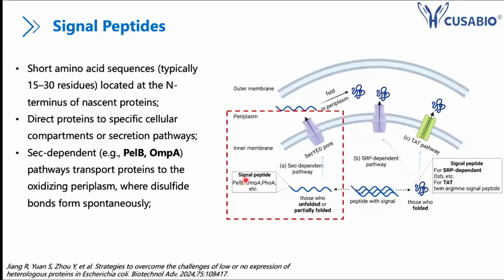But with the PelB signal peptide, the nascent protein can be transported to the periplasm, which is an oxidative environment. This environment can help the proteins to form the correct disulfide bonds, so the proteins that you get will have the correct structure and will not easily form inclusion bodies. So this is a very good example showing the importance of the signal peptide.